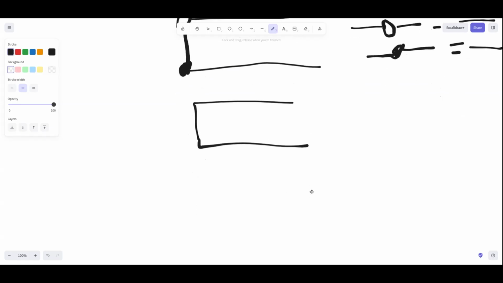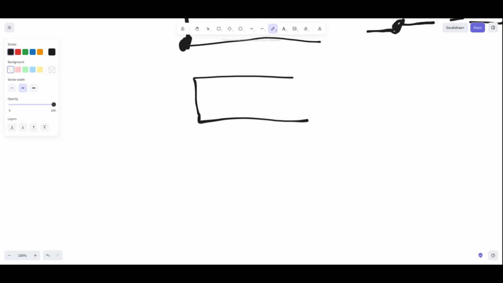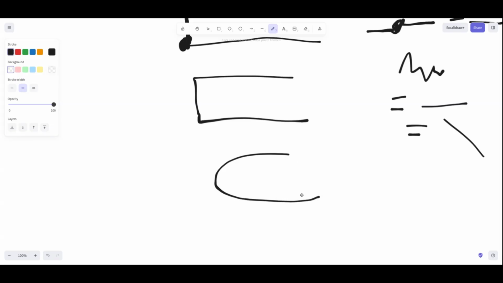And what you can see is that in the ZX calculus, there is no fixed format: this equals this equals this, you can write it as you want. And I just want to show you that it's this.